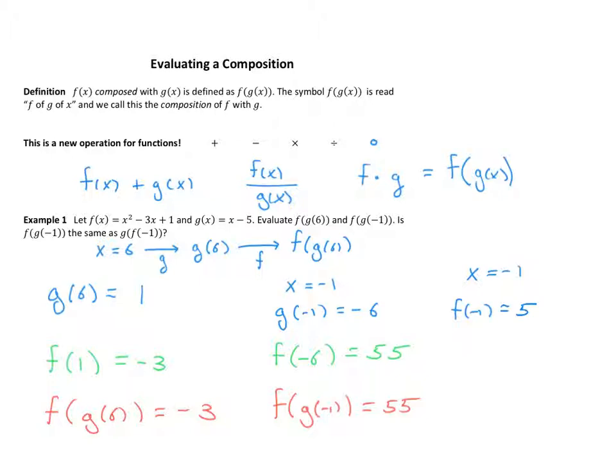I'm now going to take that number 5 and put it into the function g. And when I do, I put 5 in place of all the x's, I get 5 minus 5, and my result is 0. And at the very end, what all this work means is g composed with f of negative 1 is 0. The thing to point out is that these are not the same.